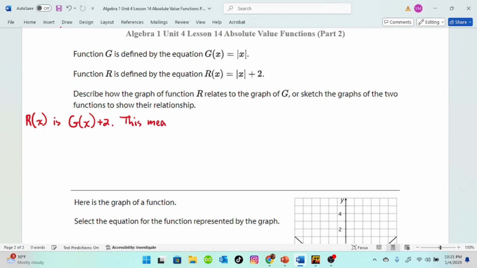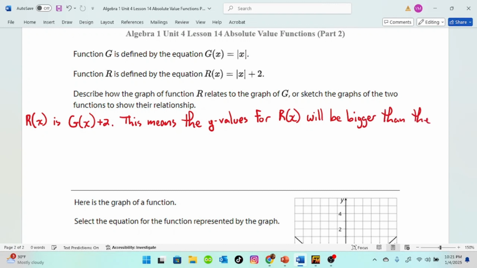This means the y values for r of x will be bigger than the y values for g of x.